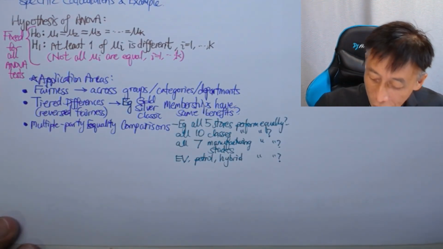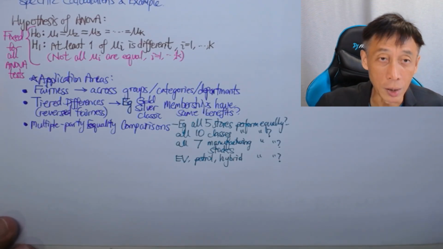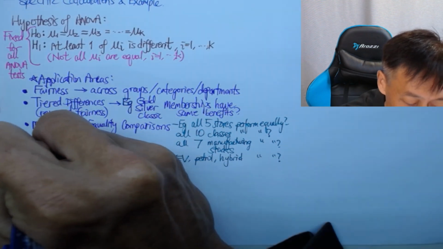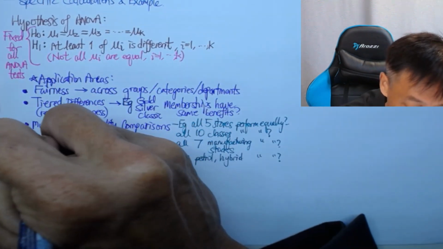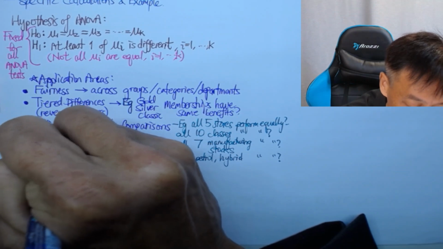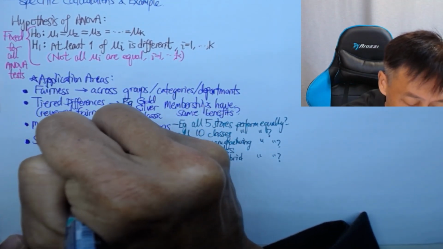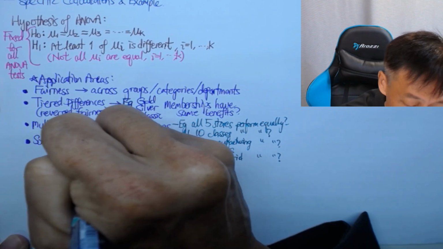And one category or one application area that I thought was very interesting would be solution or proposal comparison. So you see that in life we face a situation, right?